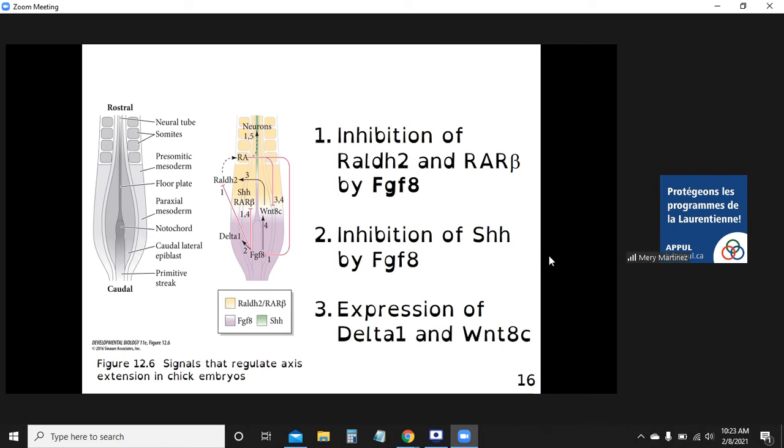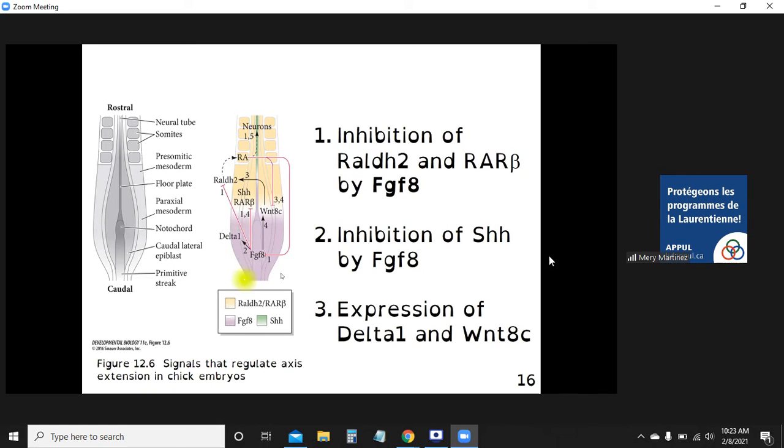So in this figure, we observe the signals that regulate the axis extension in the sheep embryo. We're only going to follow the numbers here, okay? And these arrows. So first, we see that FGF8, that is here with the number 1, inhibits the expression of retinoic acid, the RA.